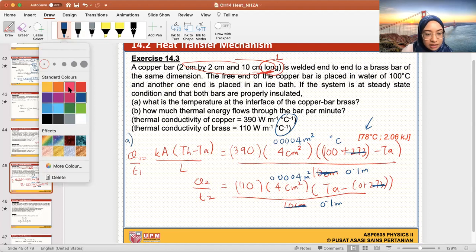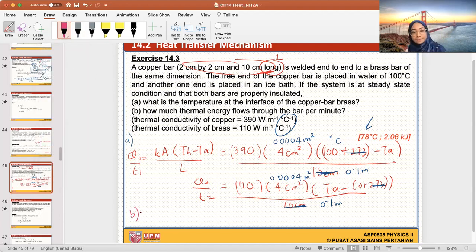Okay, moving on to Shasha. So Shasha punya kerja dah senang sebab TA dah solve. So Shasha, how should you do B? Do we use the equation Q over the change of T equals to A bracket T1 minus T2 over bracket L1 over K1 plus L2 over K2? Or is it a different equation?